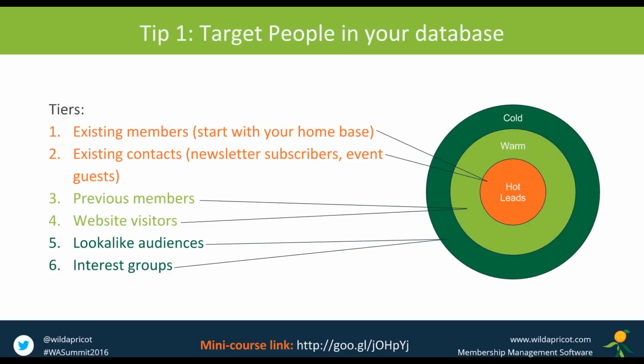So always start with your existing members and existing contacts in your database, like I was mentioning, because those people are your warmest and hottest leads, right? So they're interested in your organization, they like what you do, and that's where you should be starting with the ad. The next tier that you go to is previous members that, let's say, left your organization or have had some interaction with you in the past, and website visitors who are coming to your site, have some interest but aren't members but could be members.